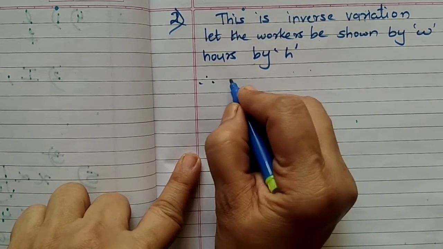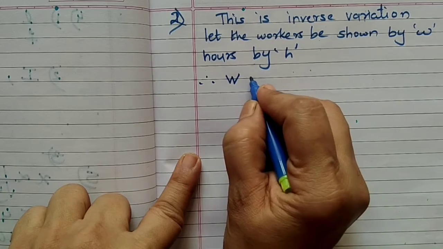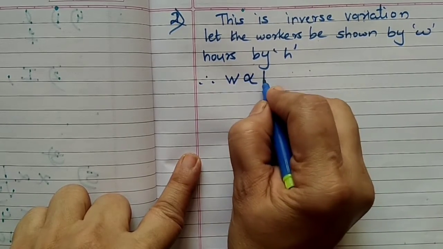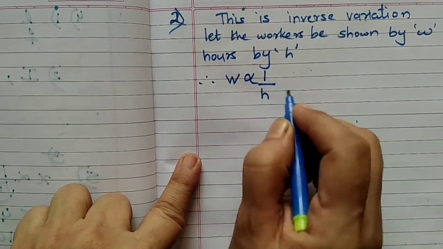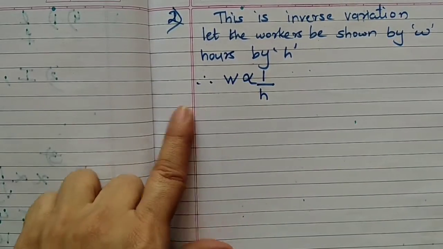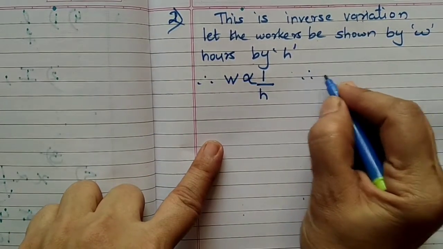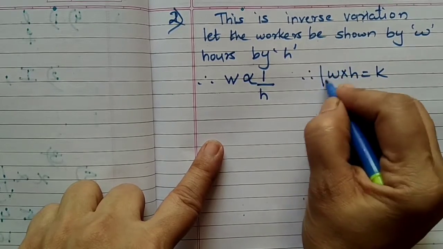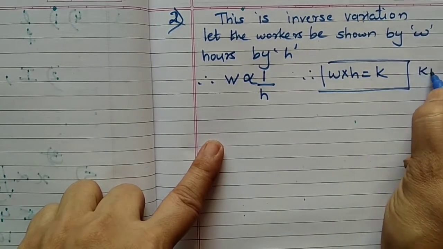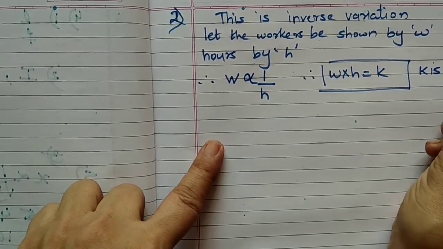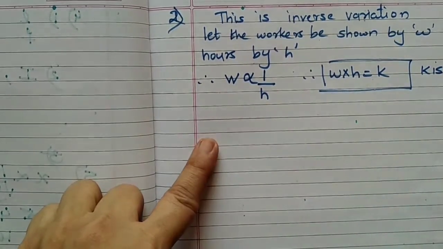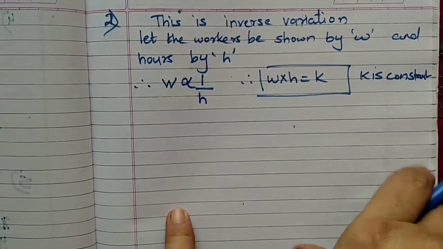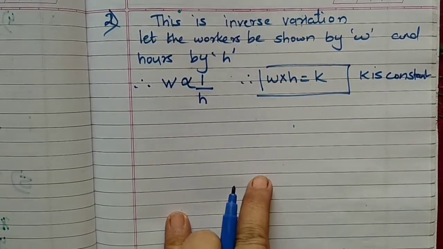Therefore workers is inversely proportional to hours. Therefore W into H is equal to K, K is constant. All this part you have to write whenever you're doing this word problem.